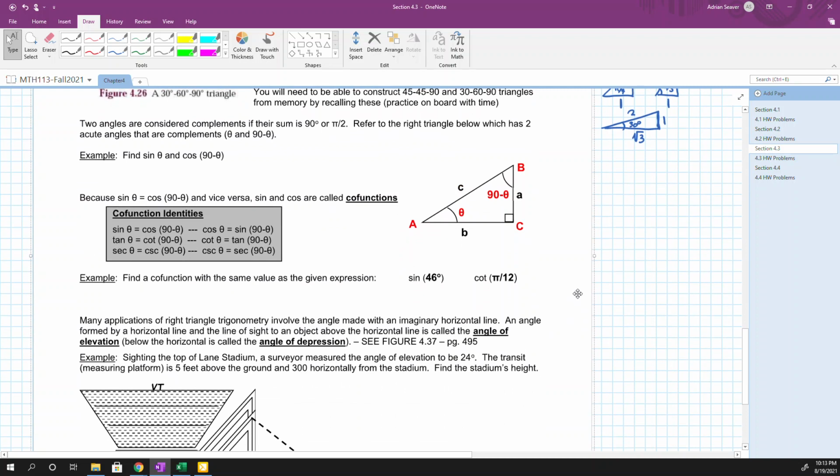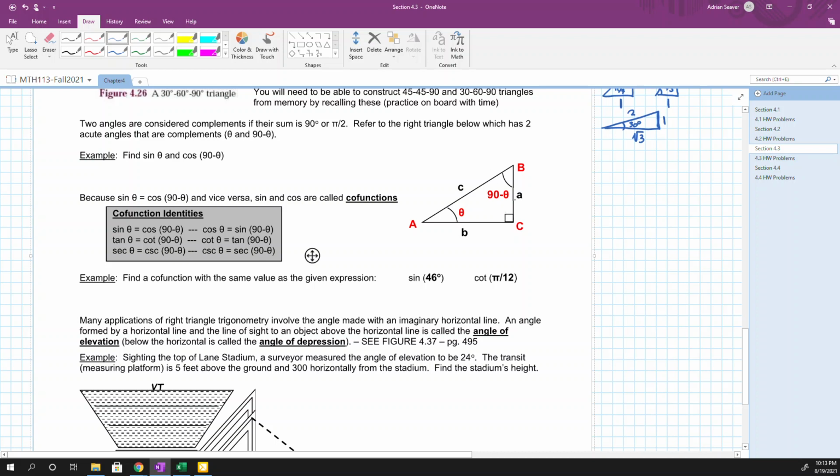Now, two angles are considered complementary angles, complements, if their sum is 90 degrees. In radians, it's going to be pi over 2, right? They're equivalent. So if you look at this right triangle below, notice that I have theta and I have my 90-degree angle.